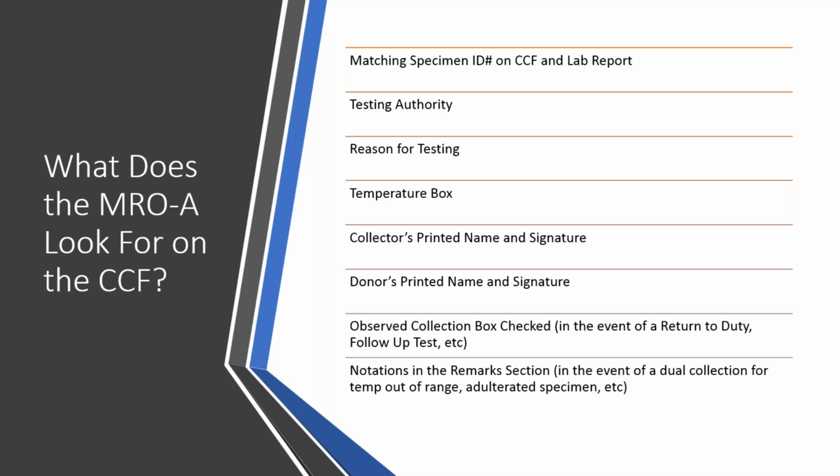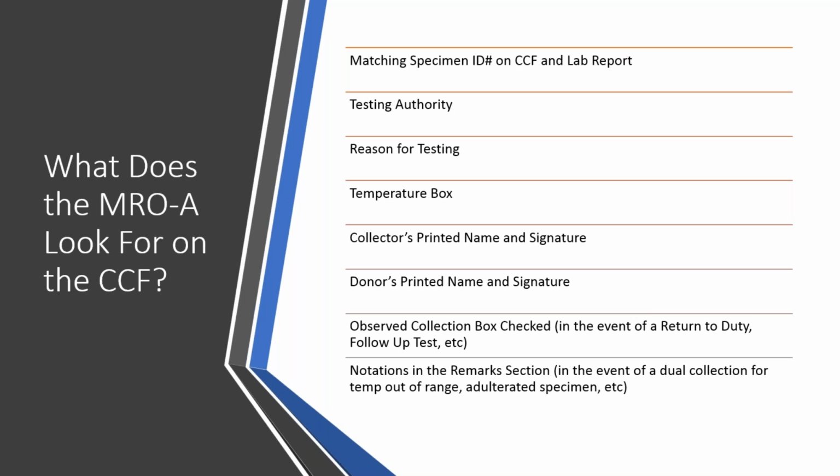Super important. They are looking to make sure that the collector checked the correct testing authority. And when we say testing authority, we're talking about is it DOT, going down into the different DOT agencies. Reason for testing: pre-employment, post-accident, reasonable cause, random. Is that box checked?